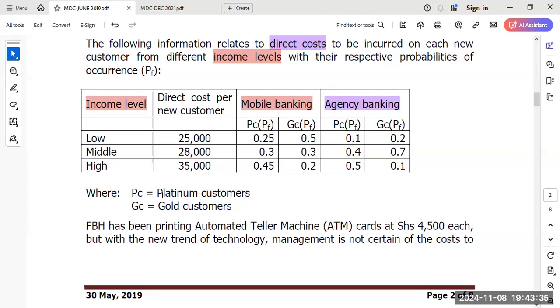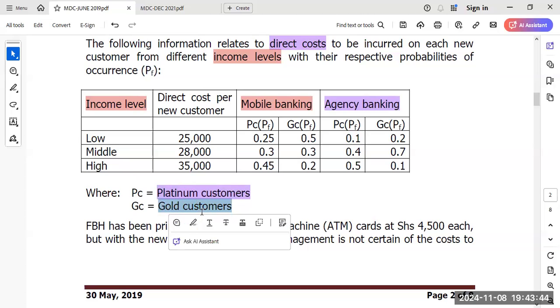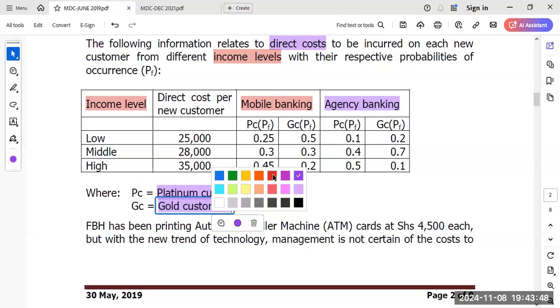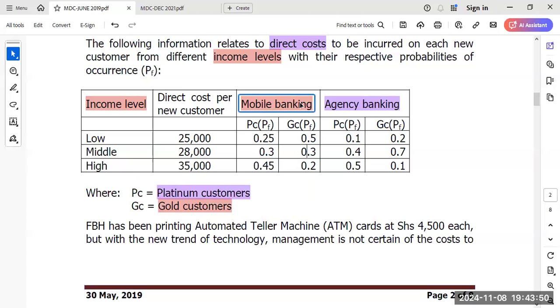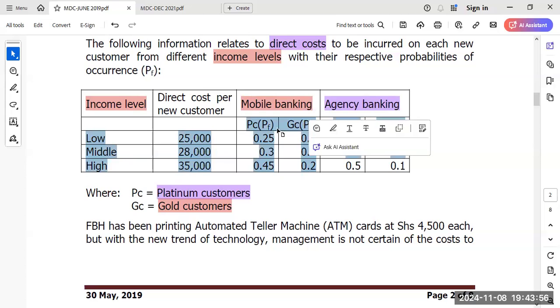PC stands for platinum customer. Are you seeing that? Platinum customer. Then GC stands for gold customer. So it means that here, for mobile banking, you expect two categories of customers.